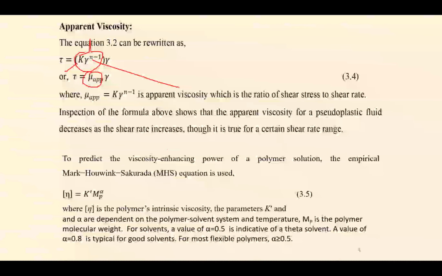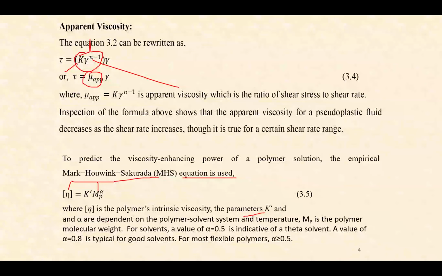In that context, there is an equation by Mark-Houwink and Sakurada, the MHS equation, which relates the apparent viscosity to the molecular weight of the polymer, where tau is the polymer's intrinsic viscosity, and k dash is a parameter, and alpha is also another parameter.